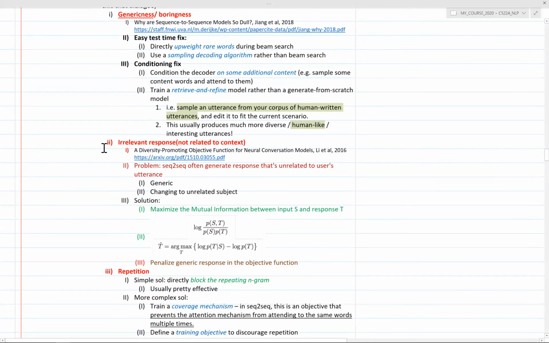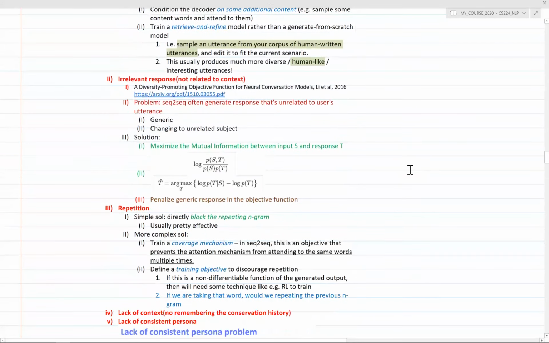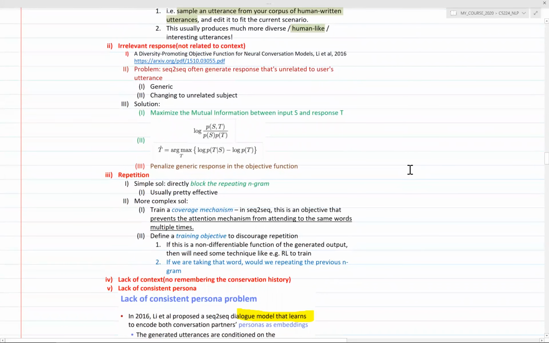Besides, there is another problem called irrelevant response. This dialogue could become irrelevant to what it began with in the beginning. The solution is to maximize the mutual information between the input and response.